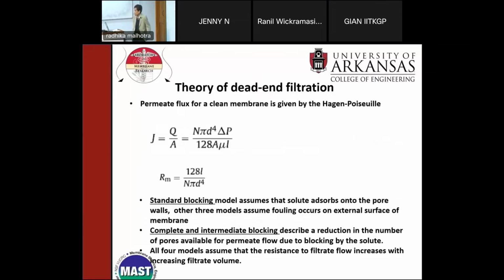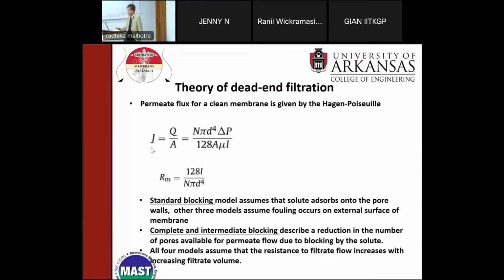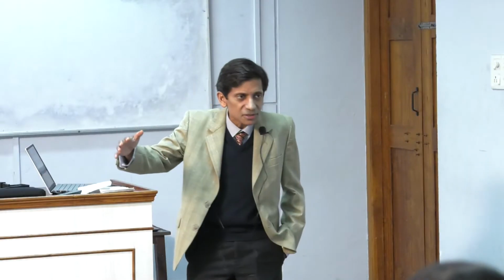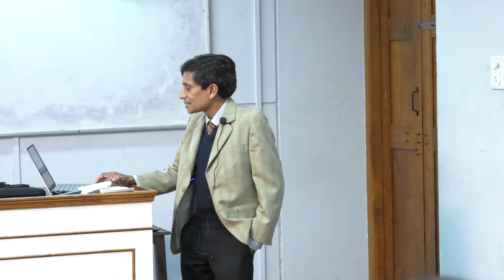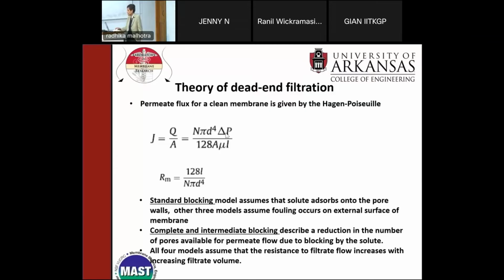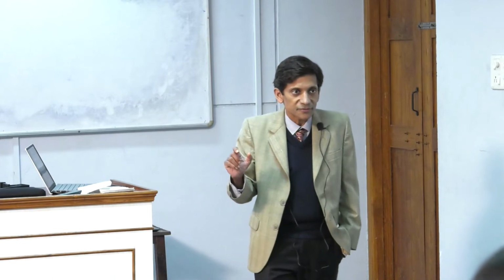All right, so if we look at the theory, we can say that the flux for clean membranes is given by the following based on this Hagen-Poiseuille equation. All you need to know is for a clean membrane, in other words, I'm running water through this membrane, the flux, what I want is the flow rate divided by the area, which depends on all of these terms here. You can see there's the pressure driving force, the pressure I'm applying, plus this Rm term, which has grouped together a whole lot of variables here. That is my resistance to flow.